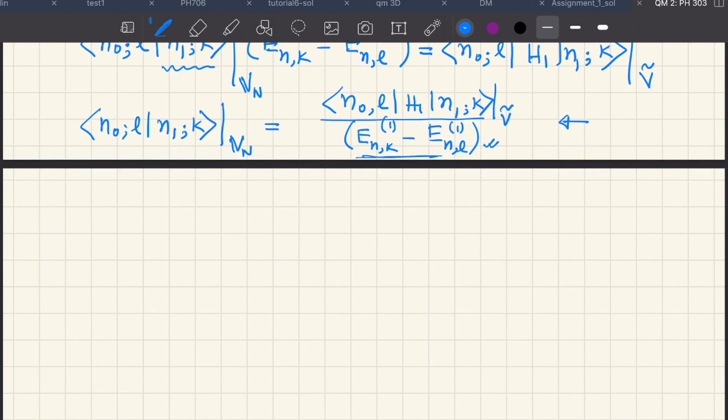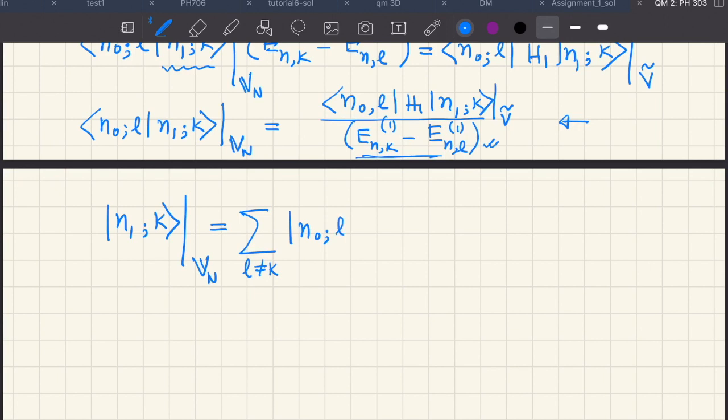So from here it is very easy to figure out what will be N1 K along Vn. So this will be of course N naught, sum over L not equal to K. Let me put this first.